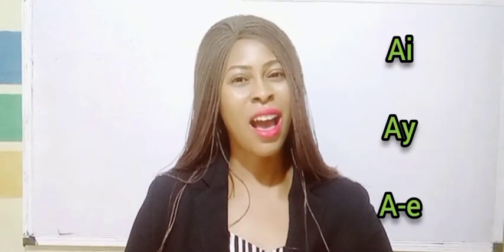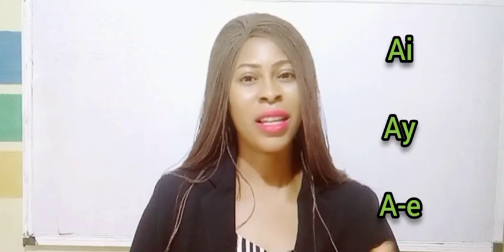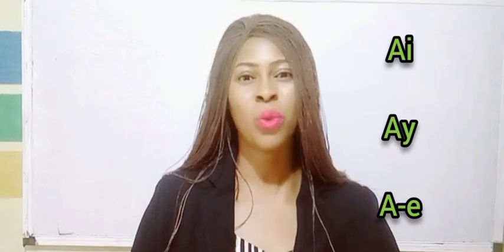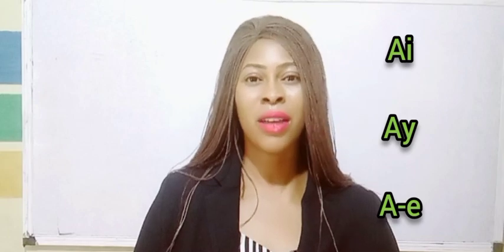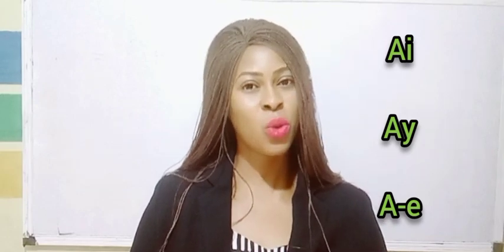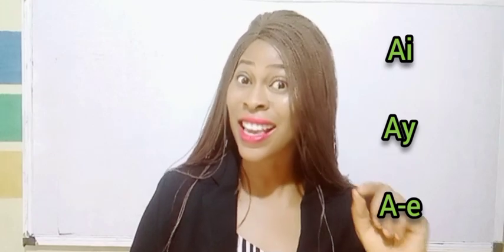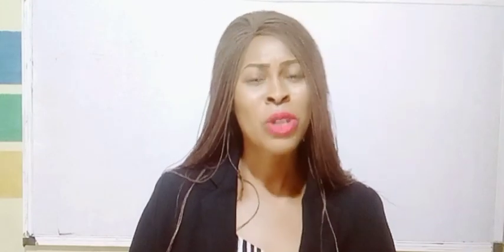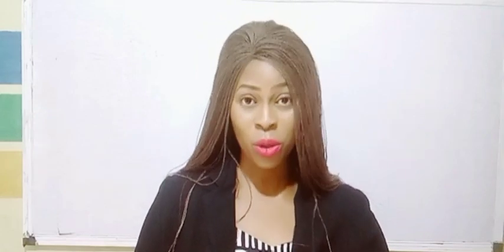We have it with letters A, I and A, Y. We have it in words that have the letter A with a consonant in between and a silent E. So the sound "ay" can be represented in various forms, which we're going to look at today, and how to blend words with this vowel digraph.